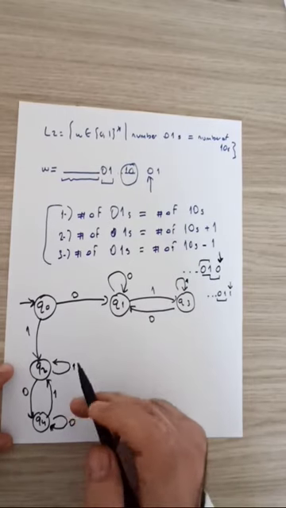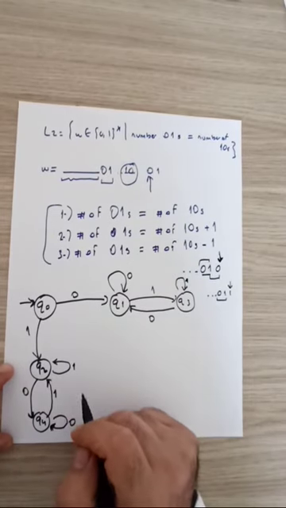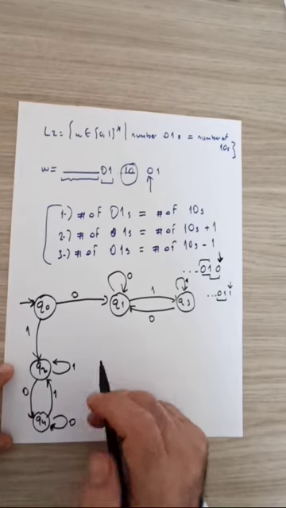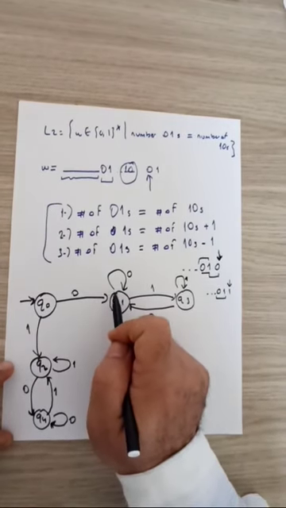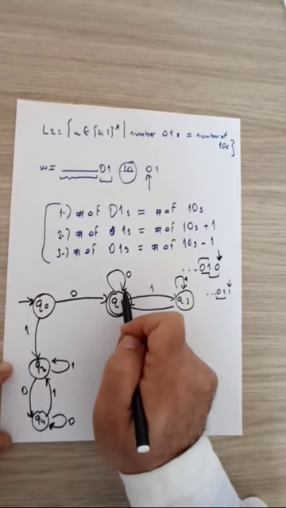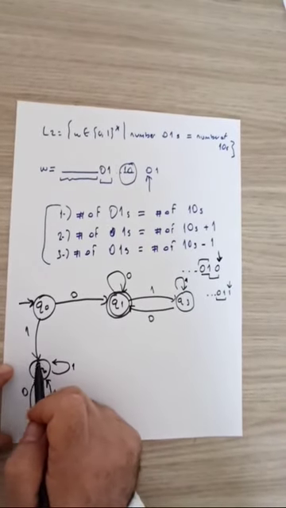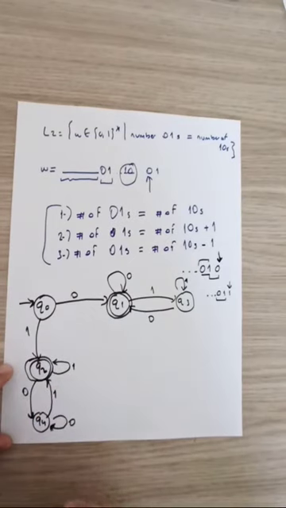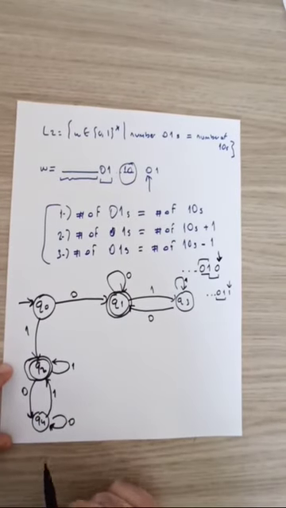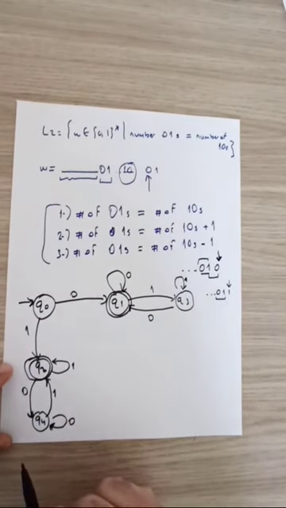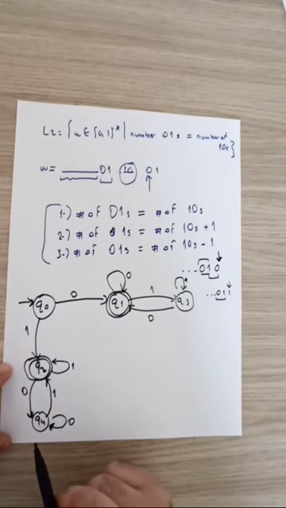Now, which of these states should we assign as the accepting states? Q1 corresponds to the state where the number of 0s is equal to the number of 1s. The same is true for Q2. The number of 0s and 1s is equal. These two states are going to be our final accepting states.